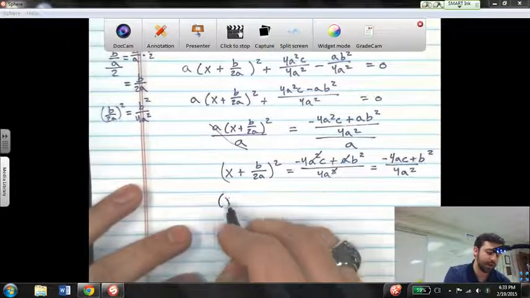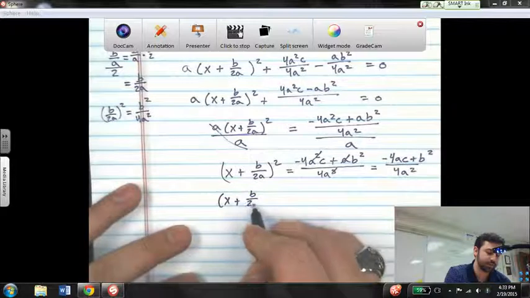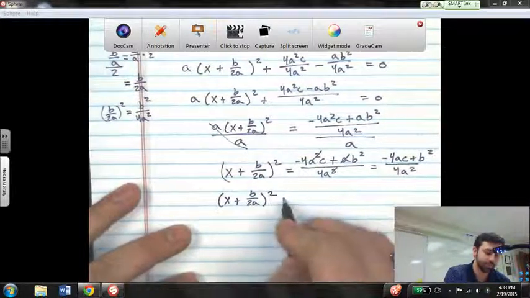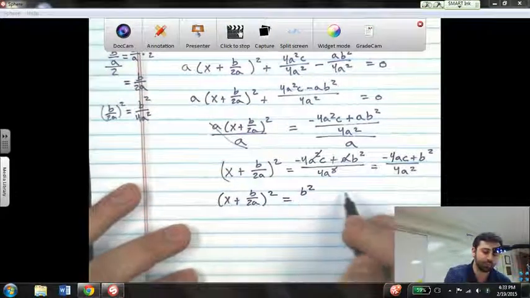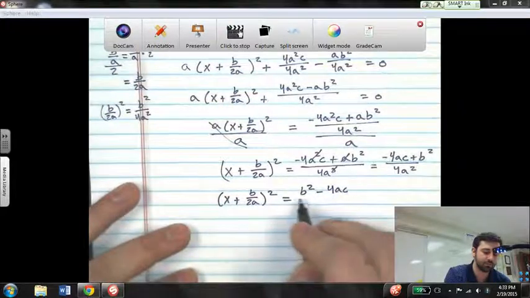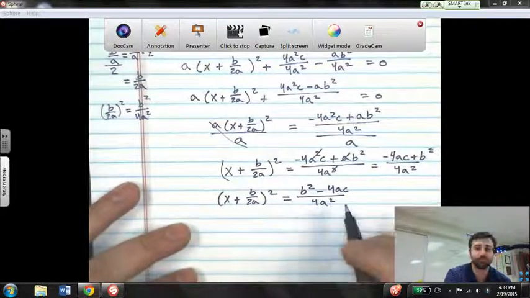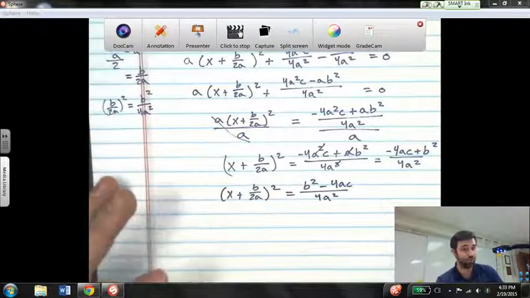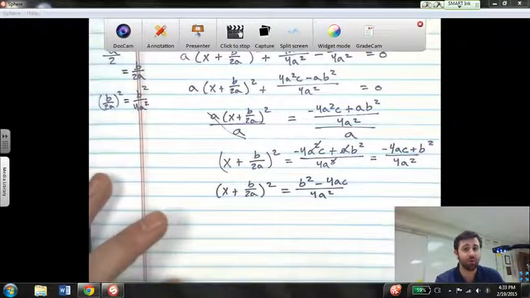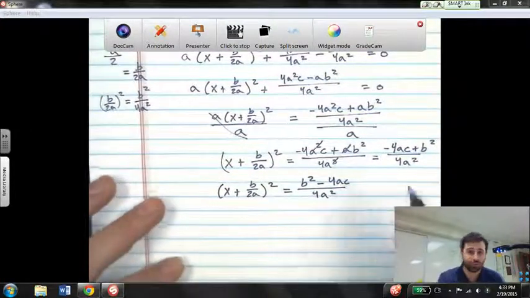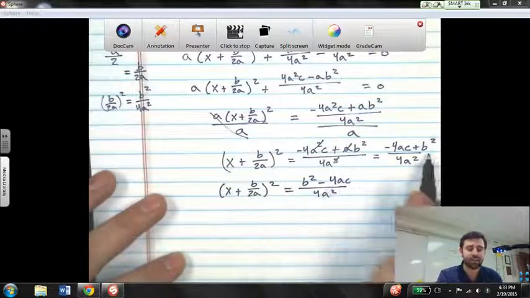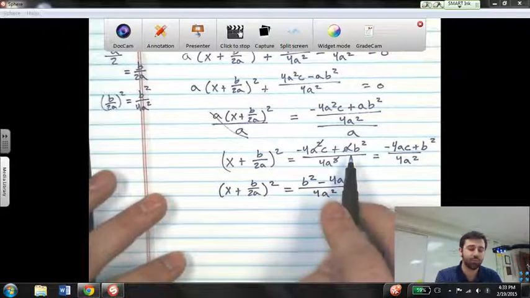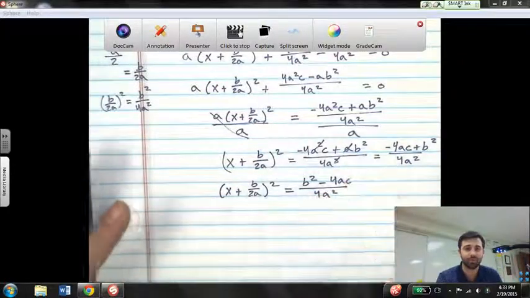When I rewrite this simplified line, I'm going to write it where it's b squared minus 4ac. The reason for that, one, is because it looks familiar. We're getting to a point where we're looking more like the quadratic formula. But it's also because I'm going to take this positive and put it out in front so that I'm not dealing with too many negatives.